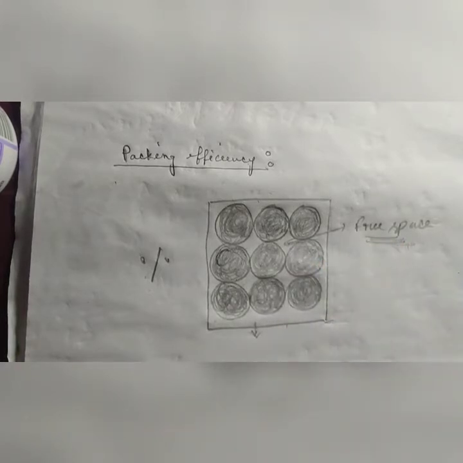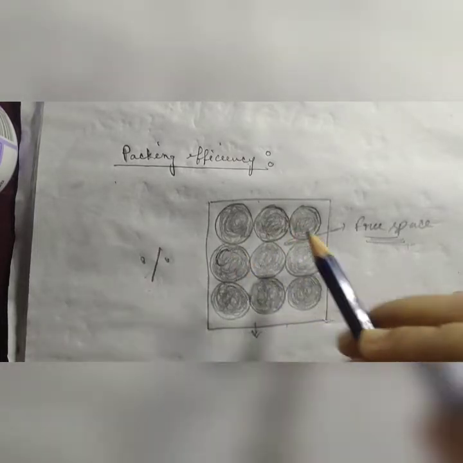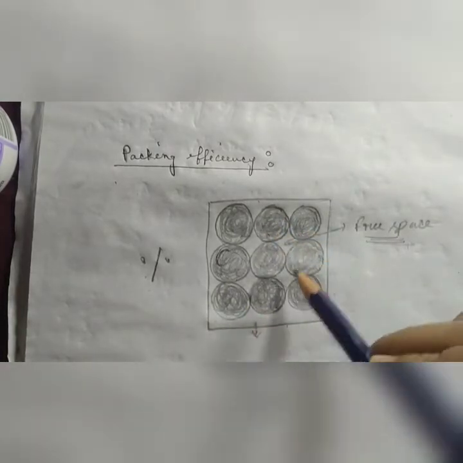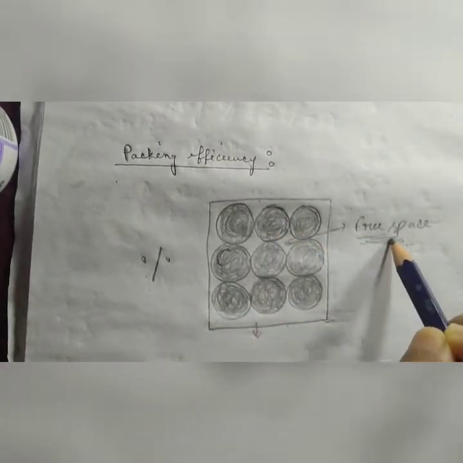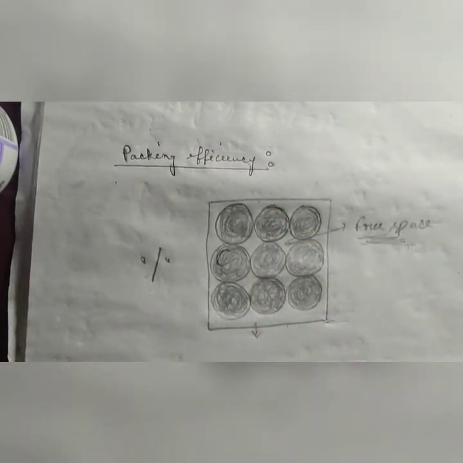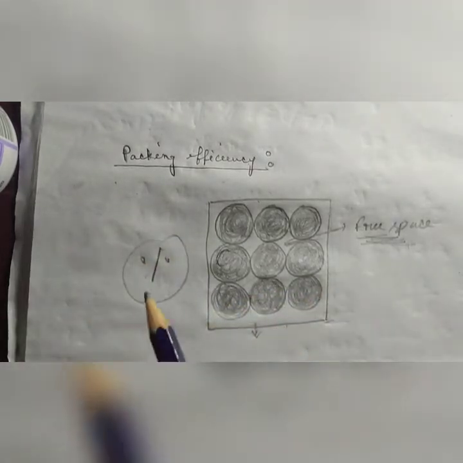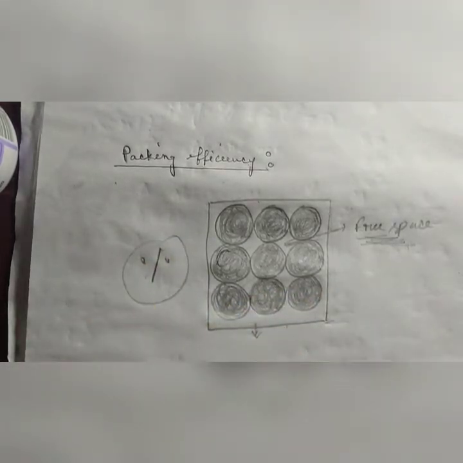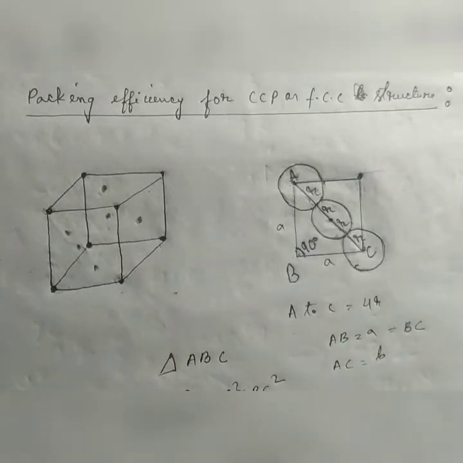So packing efficiency means the percentage of the total space occupied by these particles, excluding the free space. That percentage is known as packing efficiency. Now, the packing efficiency for the CCP or FCC structure.